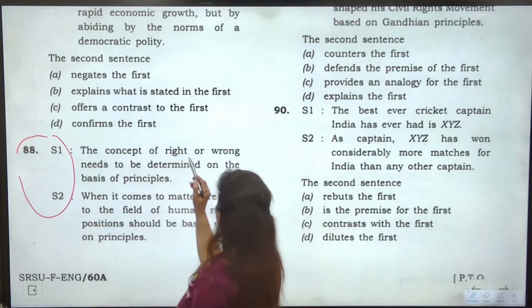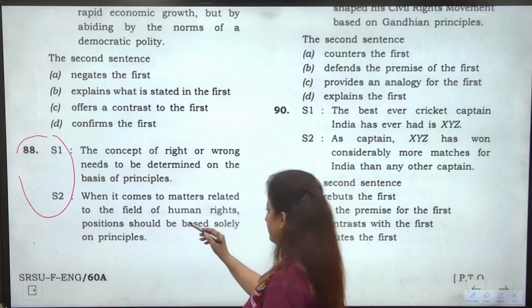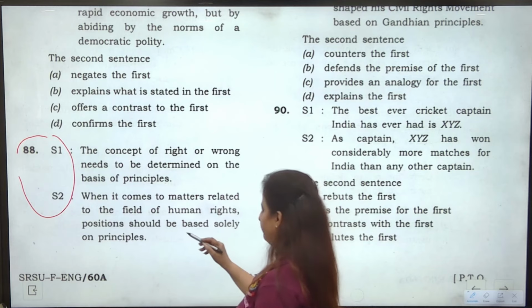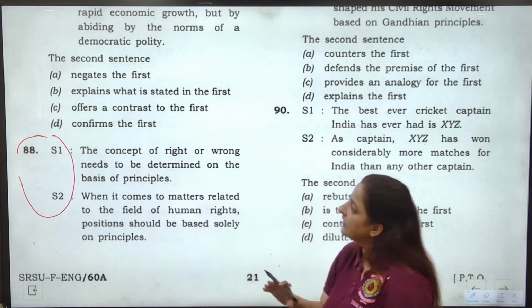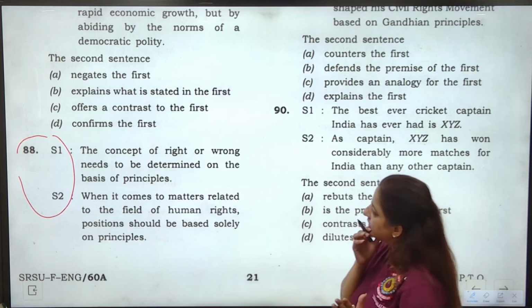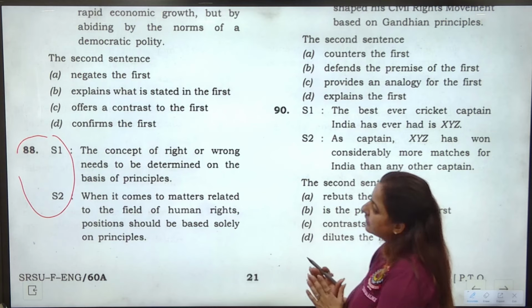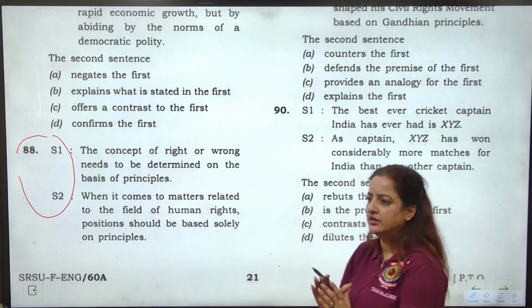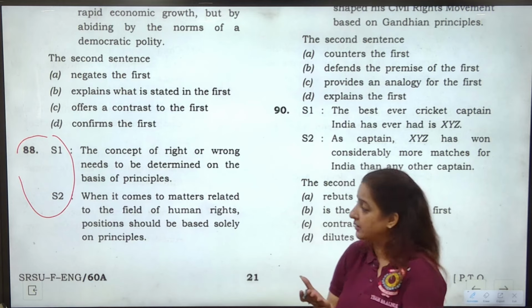The concept of right or wrong needs to be determined on the basis of principles. When it comes to matters related to the field of human rights, positions should be based solely on principles. सही और गलत के लिए कोई प्रिंसिपल्स का आधार होना चाहिए बेसिकली, हाँ.